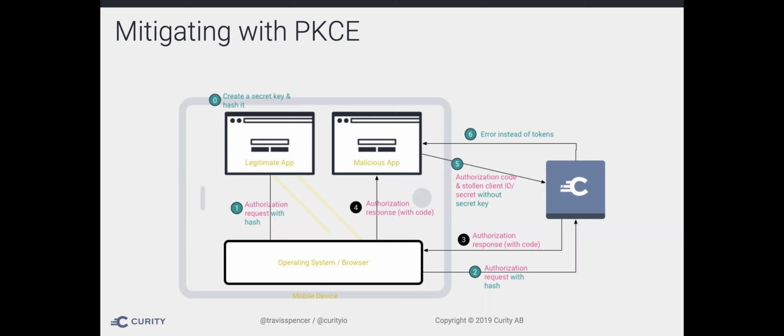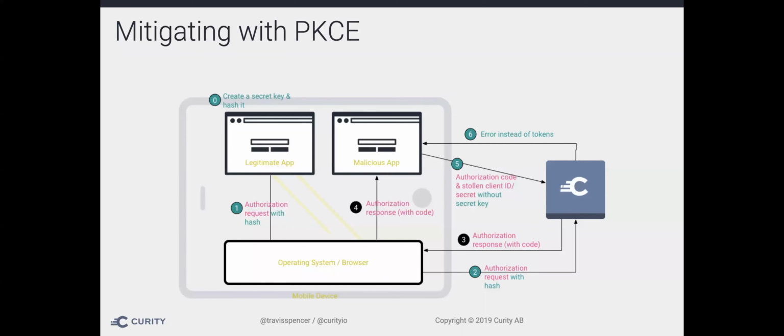Now, if the malicious application has intercepted that, like before in step 4, in step 5 it won't send the unhashed key, only the stolen client ID and secret. And so the authorization server, Curity, will respond in step 6 saying that an error has been encountered because the verification key wasn't sent in the request.